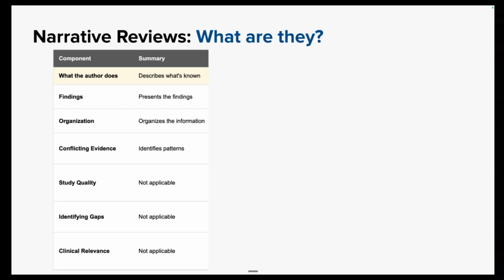Again, you can see it's going to depend on what your topic is, wildly so. So hopefully we can provide a few illustrative examples that are good jumping off points. In the summary, what you'll also do is identify patterns. So again, are you finding that certain studies agree with one another in their results, or are you finding that they disagree? Those are all important components for your summary.